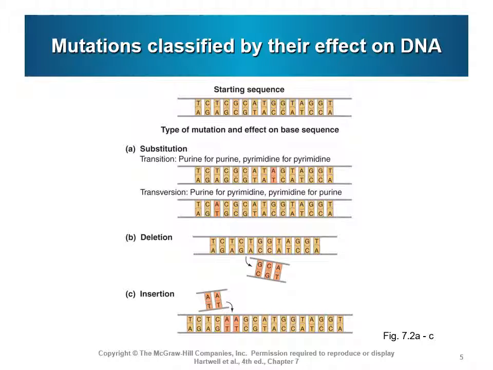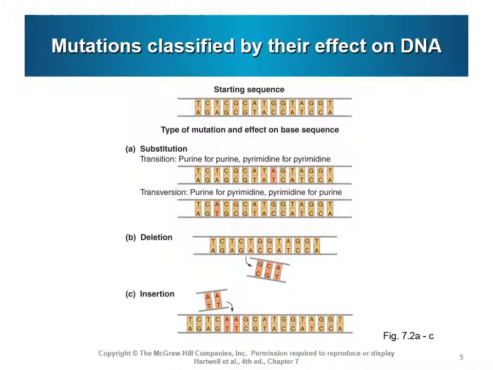Here we see GC substituted by AT, and then there is a transversion where TA is substituted by AT, so where the purine is substituted for a pyrimidine.